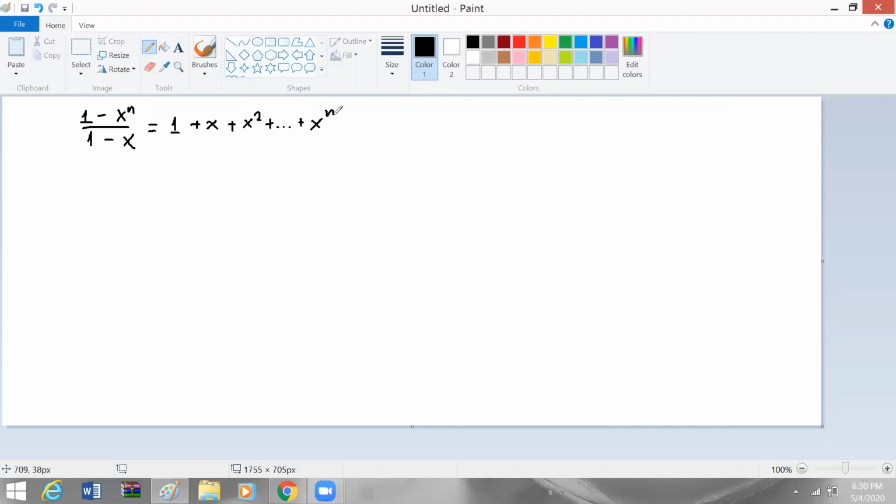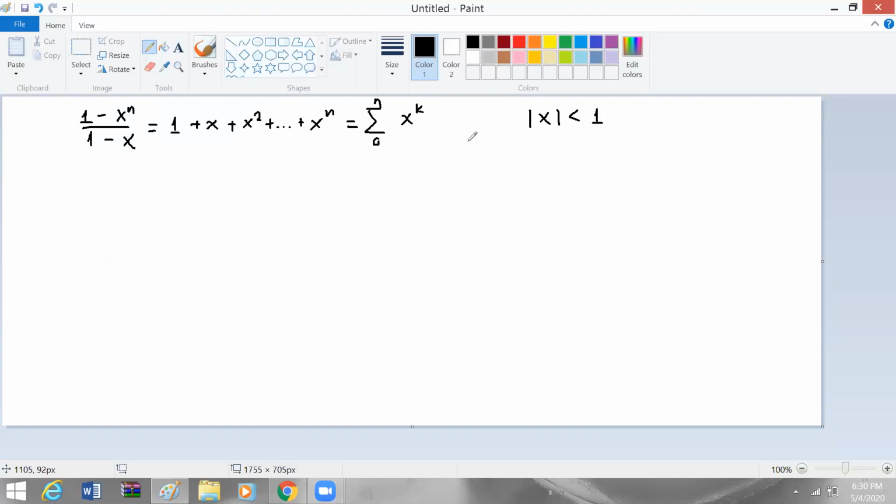And then we can rewrite the answer as the sum from 0 to n of x to the k, as simple as we have right there, right? So this is what we have for the series. So let's say x is very small, and then the series is going to converge, right?